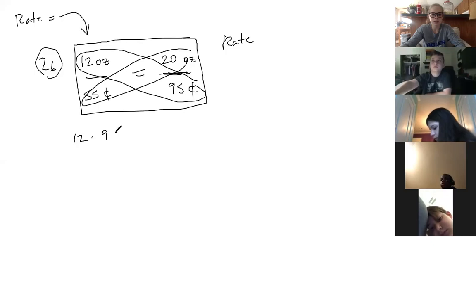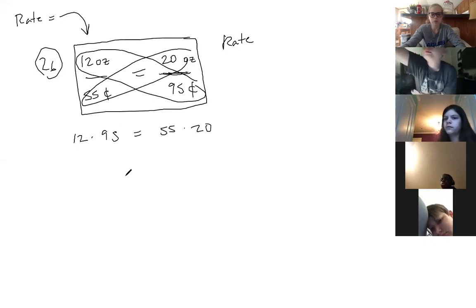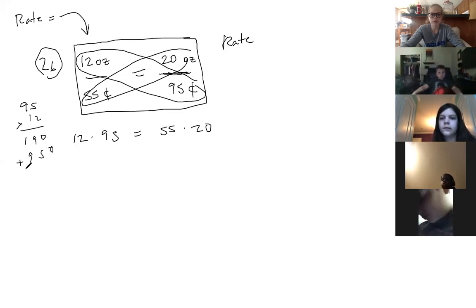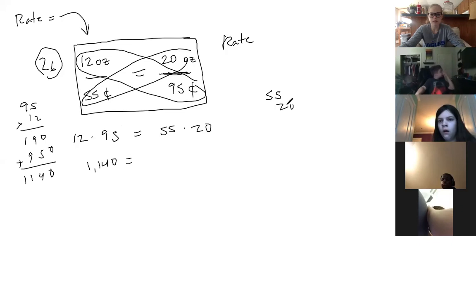12 times 95 and 55 times 20. When you multiply these out, 12 times 95, go to the side. That's 1,140, and then 55 times 20.